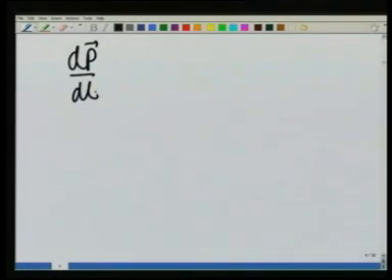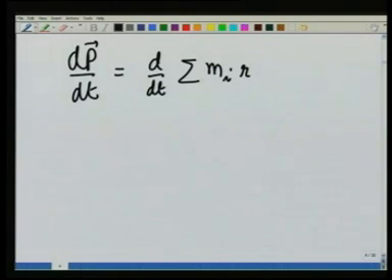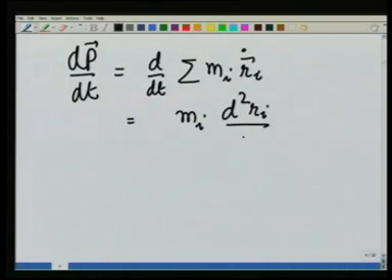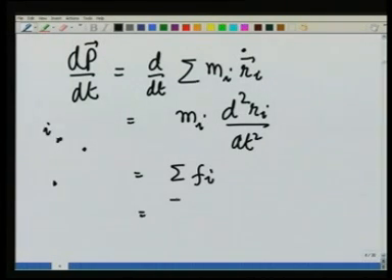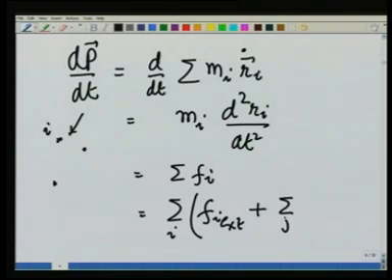Recall, when we were doing the momentum change for a many body system, we had d/dt of summation m_i r_i dot, which gave us m_i d²r_i/dt², which was nothing but summation over F_i, where F_i on the ith particle was the external force, that is something I apply externally, plus the force from j not equal to i on the ith particle due to other particles.